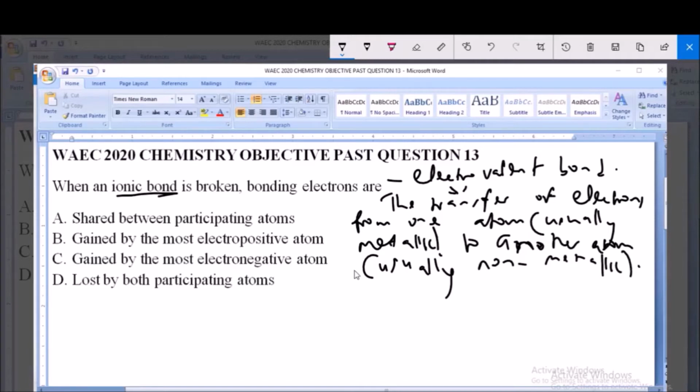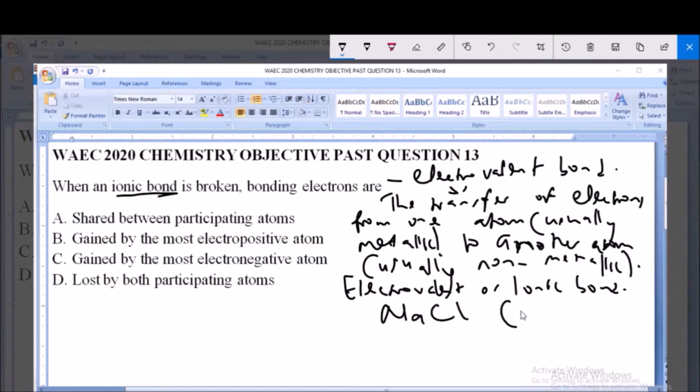The bonds formed are known as electrovalent or ionic bonds, and an example is the bond you have in sodium chloride between sodium and chloride. So this is an example of a compound that has electrovalent bonds.